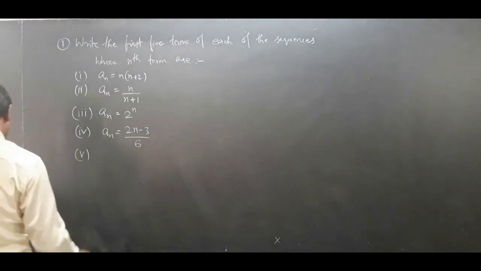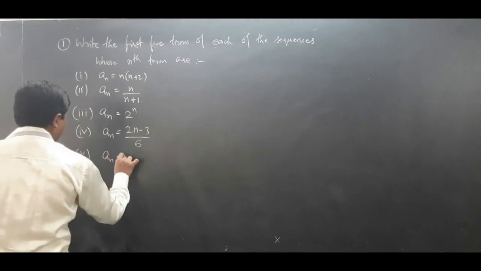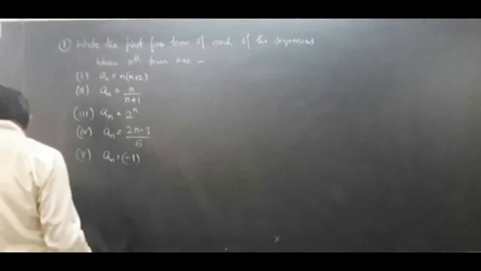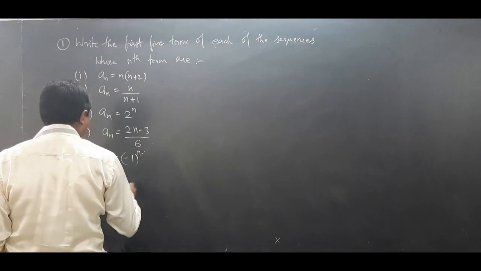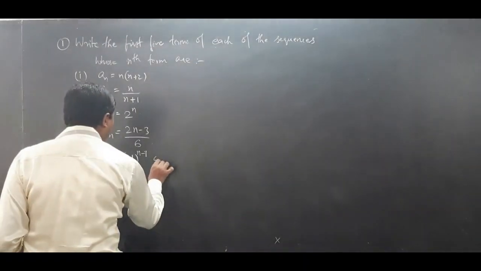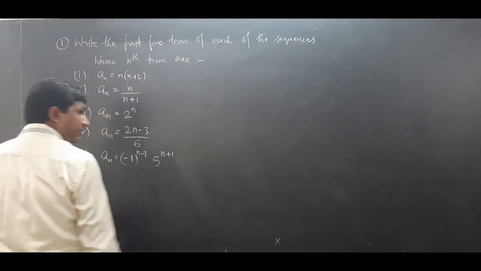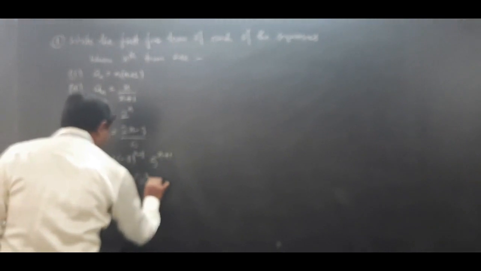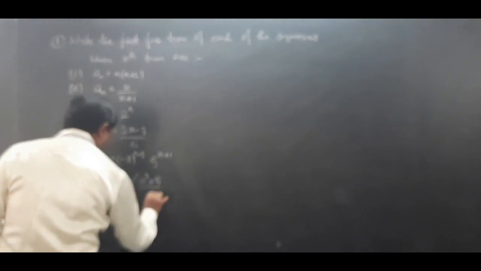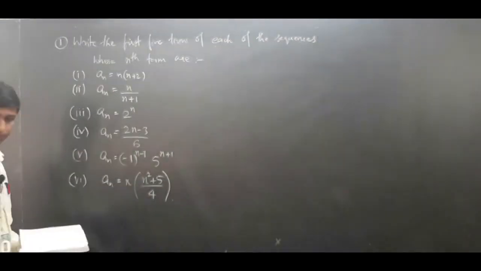Fifth question, a n equals minus 1 whole power n minus 1 into 5 power n plus 1. And the last question, sixth question, a n equals n into n square plus 5 whole divided by 4.